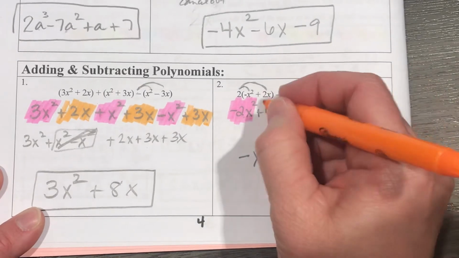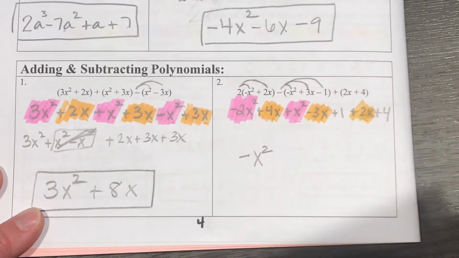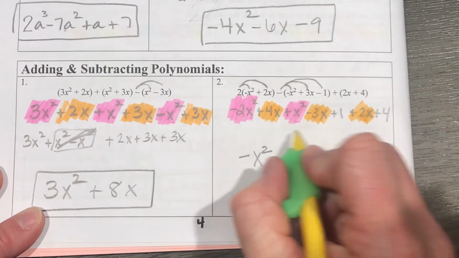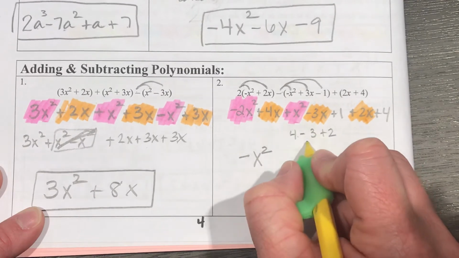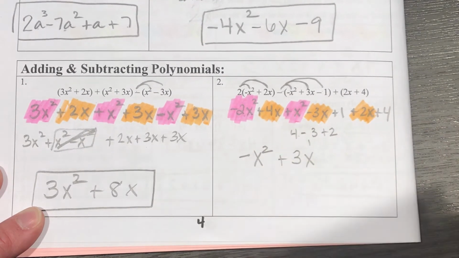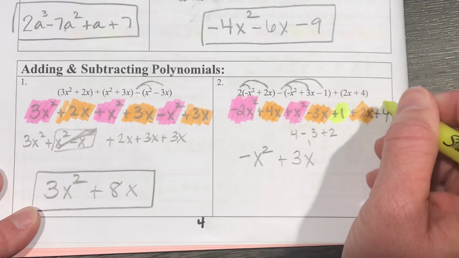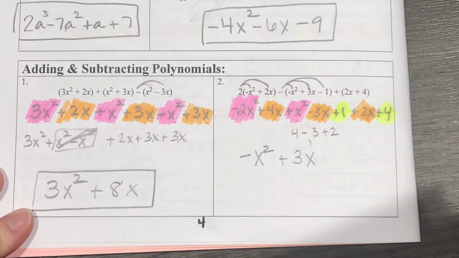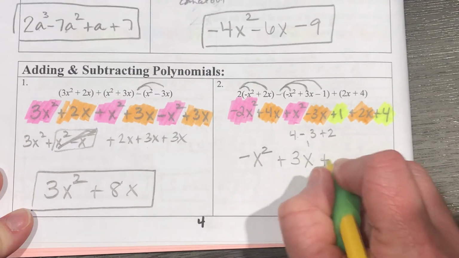And 4x minus 3x plus 2x, if I combine those together, 4 minus 3 plus 2. 4 minus 3 is 1. 1 plus 2 will get me 3x. So just adding those numbers in the front of the letter, it's called the coefficient. And then you leave the letter alone when you're adding here. And let's see, 1 plus 4, well, that's 5.